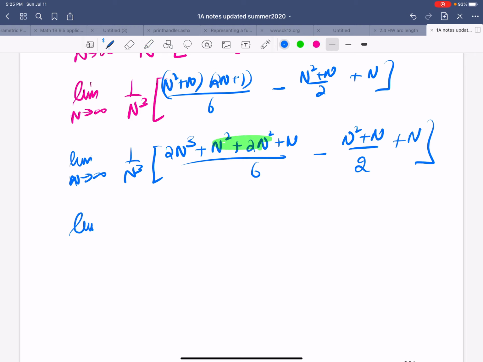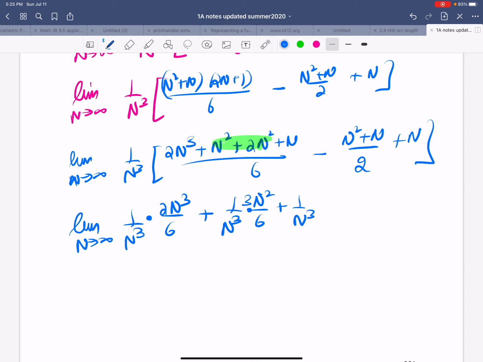So we would have limit n goes to infinity of 1 over n to the third times 2n to the third over 6, plus 1 over n to the third times 3n to the second over 6, plus 1 over n to the third times n over 6, minus 1 over n to the third times n squared over 2, minus 1 over n to the third times n over 2, plus 1 over n to the third times n.